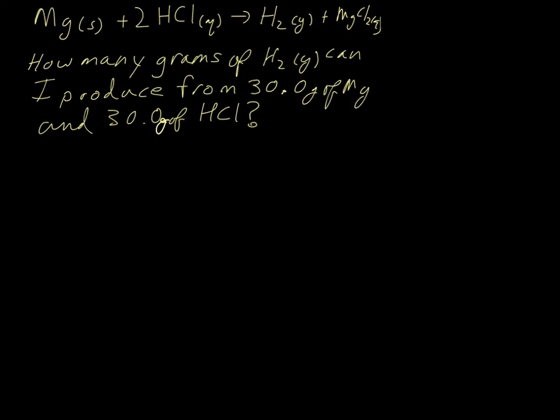But at any rate, once again, we have two quantities of reactant, correct? And whenever we have two quantities of reactant, we're going to have to ask ourselves those two questions again.